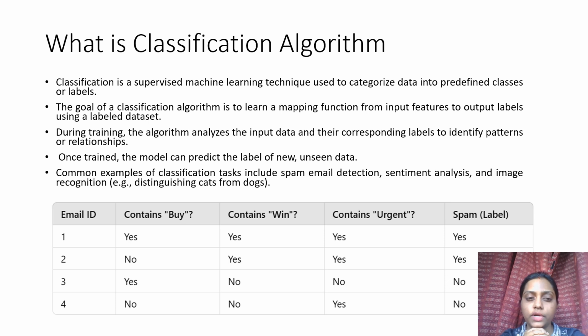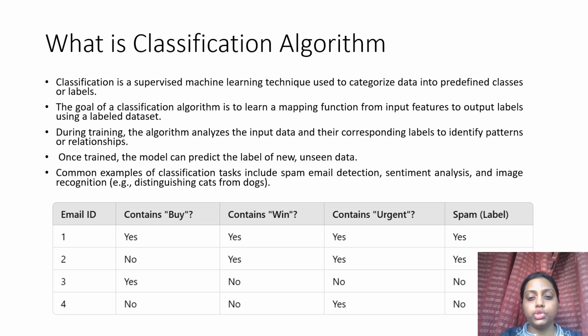We do this procedure during the training session. In the training session, the algorithm analyzes the input data and their corresponding labels to identify the patterns or relationships. That means we have to find a mapping function from a set of input features to the corresponding output labels.